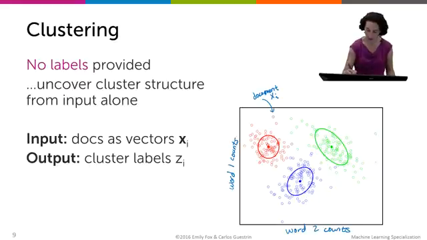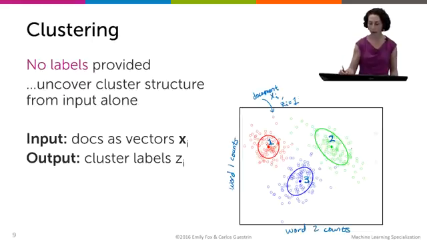So in particular, maybe we'll label this red cluster as cluster 1, this green cluster as cluster 2, and this blue cluster as cluster 3. Then associated with xi, the output might be zi equals 1, that it's associated with cluster 1. And we are going to output this for every observation in our data set.